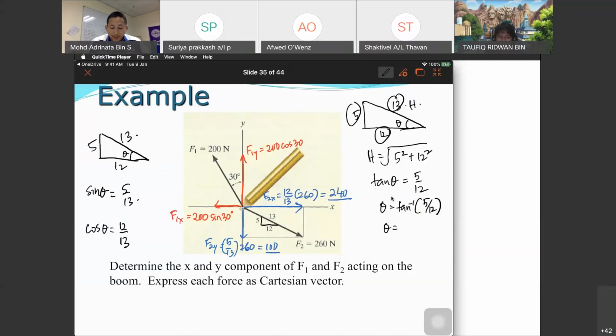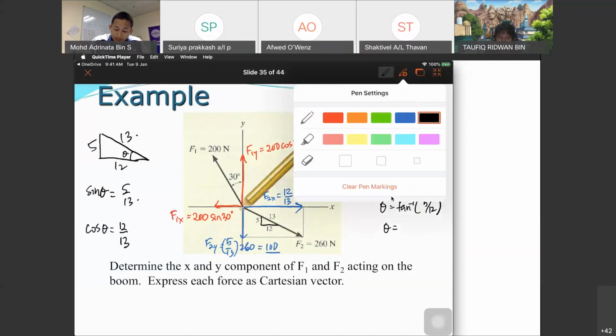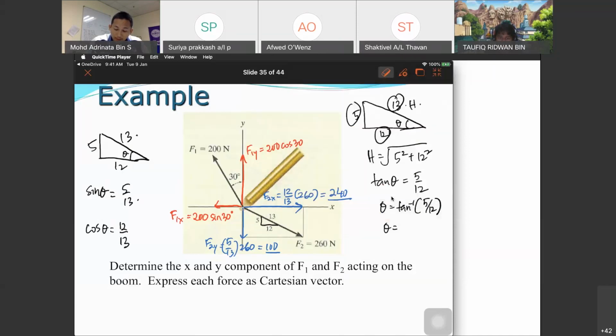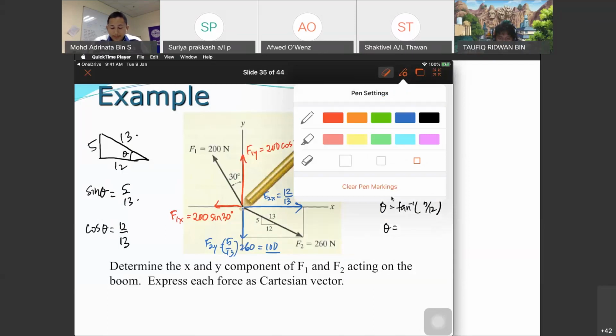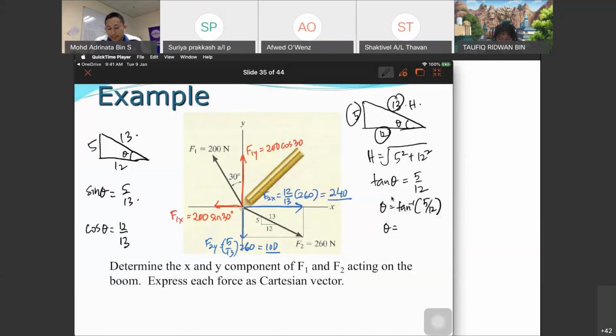In the question, I just remove this one. You know that theta from the figure here, theta here is same as here. It's the same theta, using the zigzag.